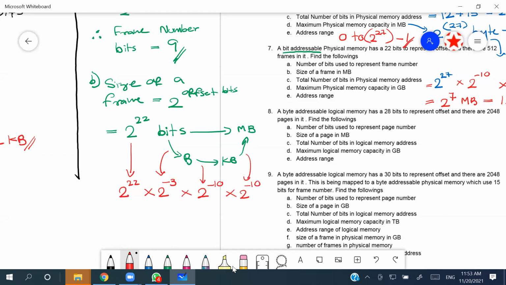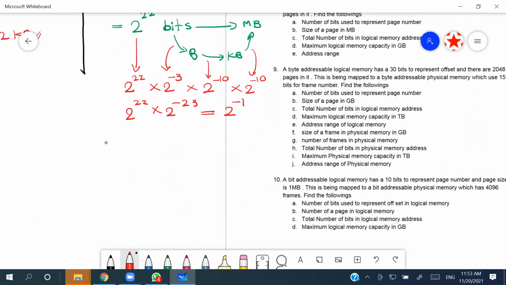Altogether, 2 to the power 22 times 2 to the power minus 23, that means 2 to the power minus 1, which is 1 over 2 to the power 1.